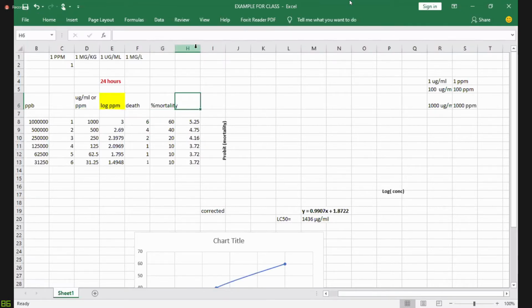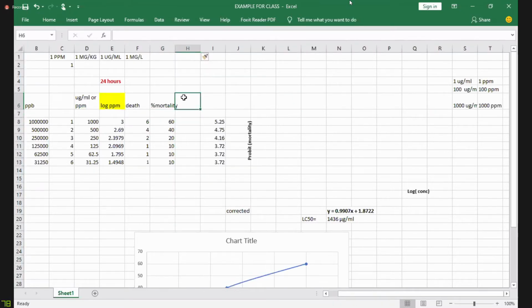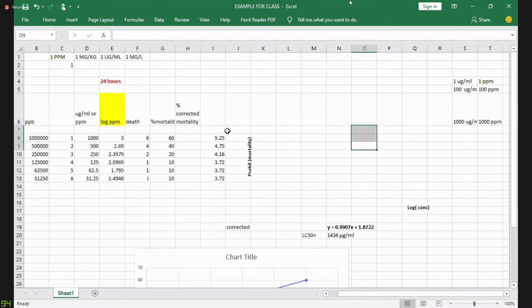There's no percentage corrected. There's no correction. Why? There's no correction of the percentage of mortality because they are 60%, and 20%, 10%, 10%, 10%.